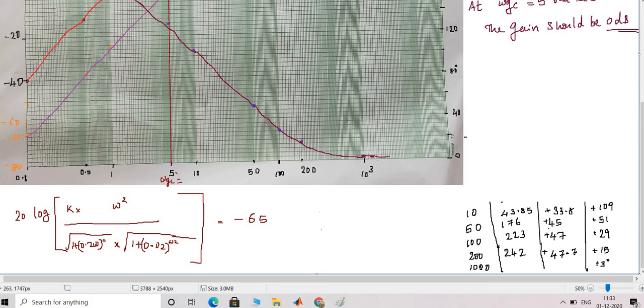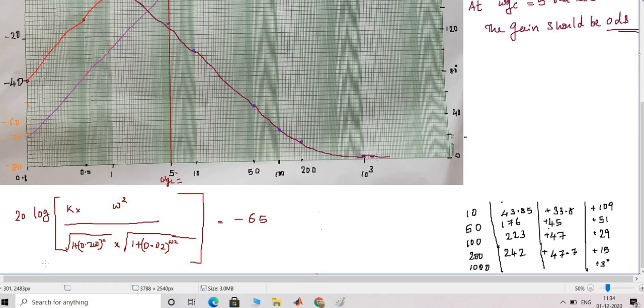So in the initial part we can see that this is minus 65. When you subtract plus 25 from this minus 40, it will be minus 65. So I can write the equation as 20 log into K into this part, that is the magnitude of G of j omega, that is equal to minus 65.